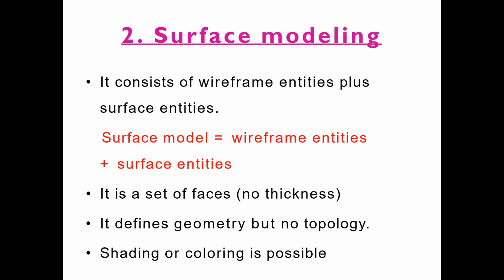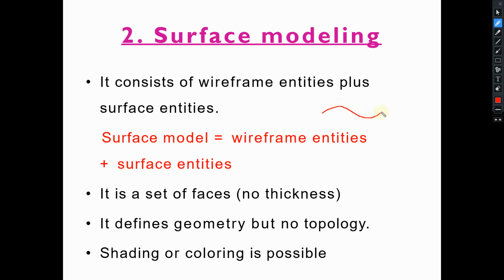Surface modeling is created from a simple wireframe model. For example, I think I mentioned in the previous class also, whenever we have to create an object or a surface, what we can do at first is create a wireframe.